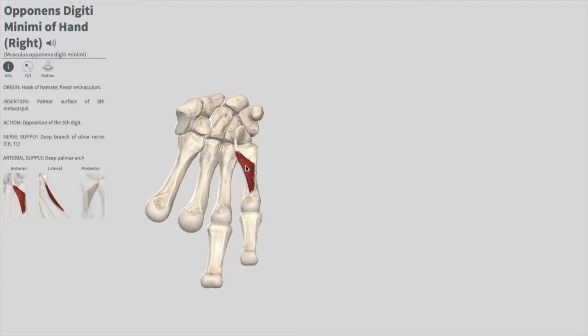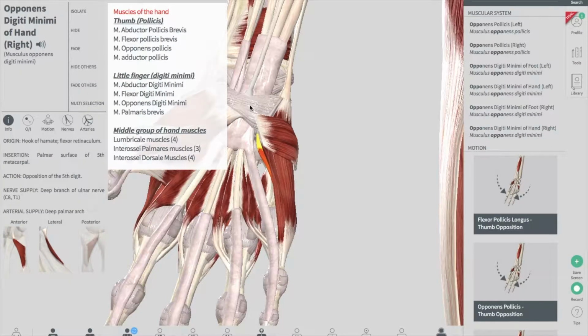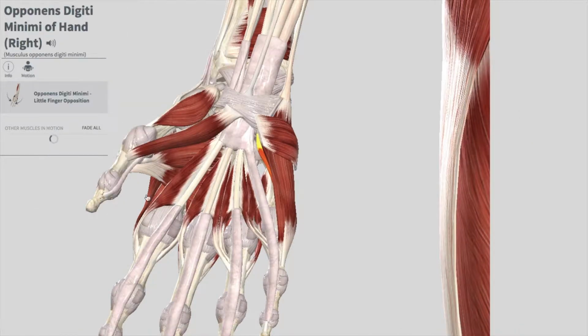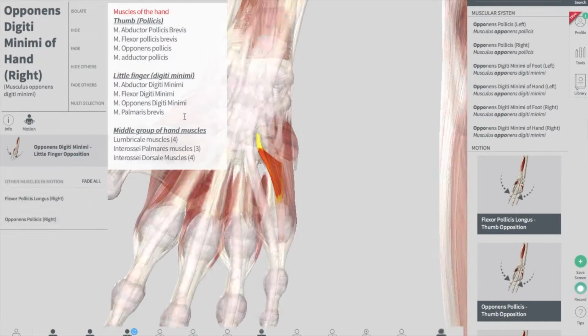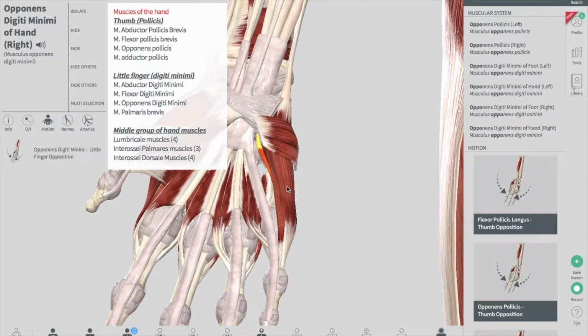This one is going to originate from the hamatum bone of the wrist and also the retinaculum flexorum, this tendon again, and it's going to insert at the metacarpal of the fifth, little finger. And again, the same movement as I showed you is responsible for pulling the little finger and the thumb together. This movement is called opposition.